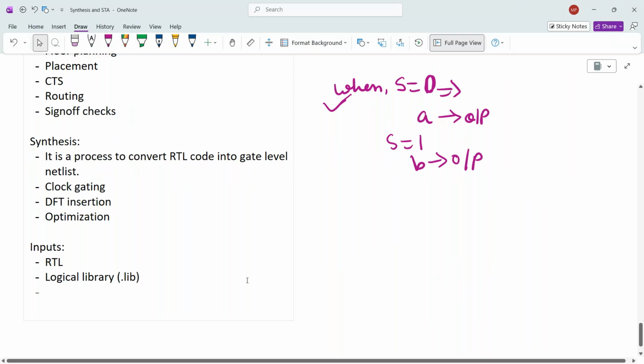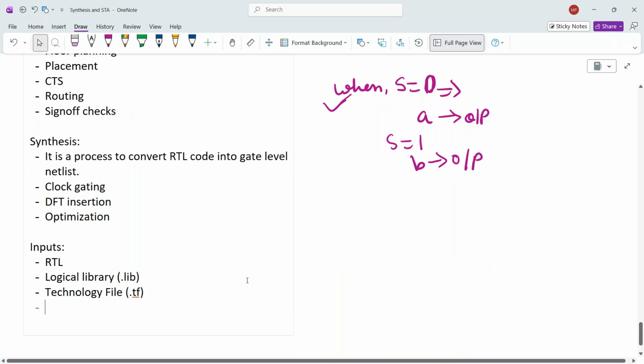RTL code, logical library, and then technology file, .tf. These are the necessary input files required for synthesis. You cannot do synthesis if any one of these three is missing. It will just throw you out, right?